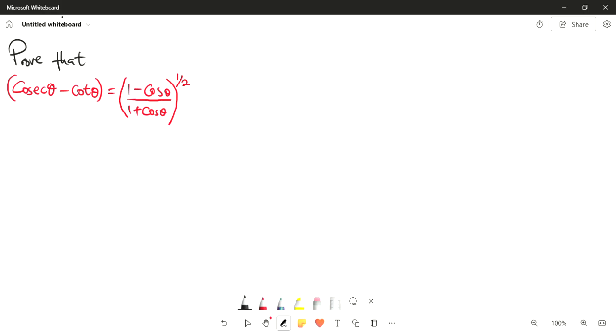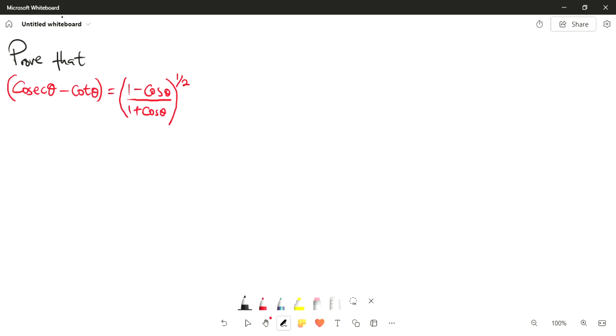We're looking at proving trigonometric identities, and with us we have this one, which is the left hand side, in parentheses, cosec theta minus cot theta, equal to 1 minus cos theta over 1 plus cos theta, in parentheses raised to the power of half. Looking at this, the side we're going to work with is the right hand side.